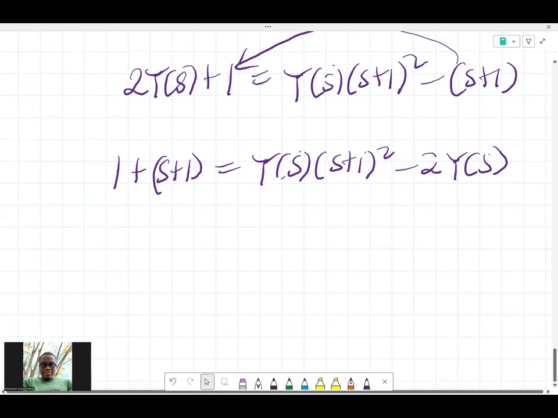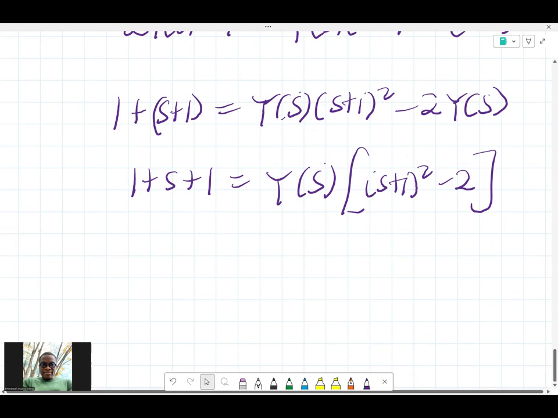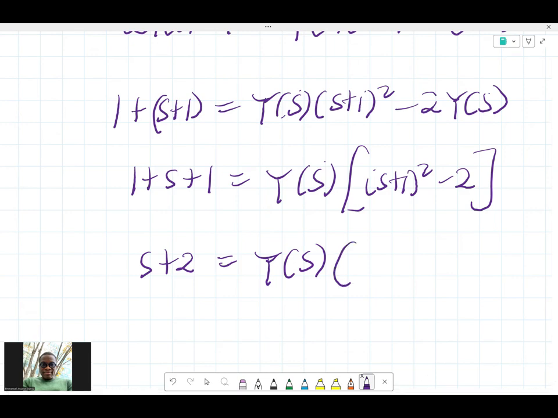So we can factorize Y(s) since that's what we're looking for. So this is 1 + s + 1, and that equals Y(s) common, into (s + 1)^2 - 2. So s + 2 equals Y(s) into... do we have to open that up? I think it might be necessary.